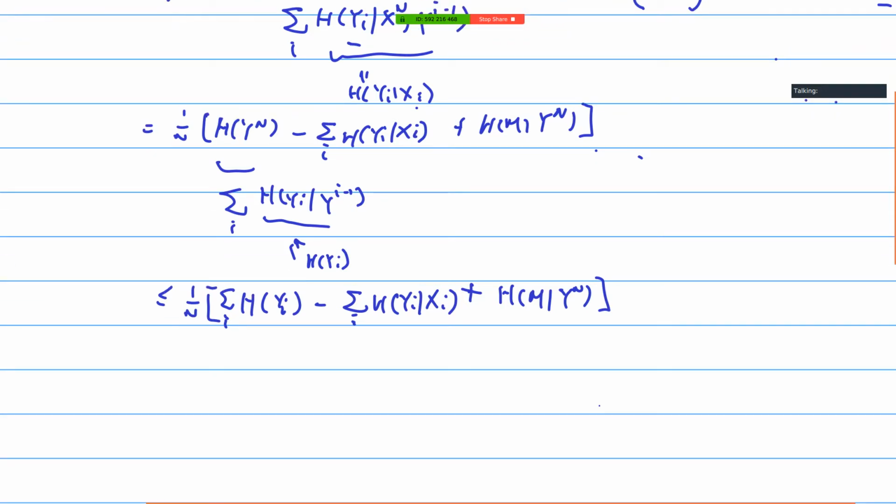Okay, and then of course I can group these two terms together. This will be just the sum over i of the mutual information between X_i and Y_i here. And so this is equal to this plus H(M given Y^n).